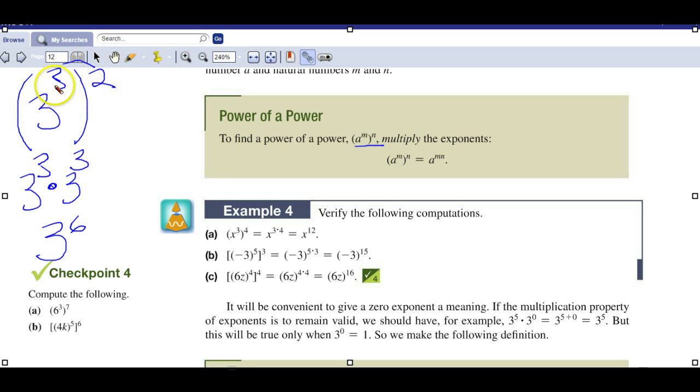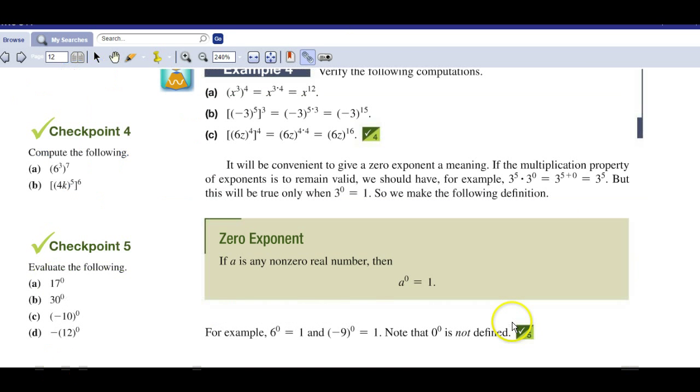This was 3 to the 3rd raised to the 3rd. I'd have to add another one here. This would be 3 to the 9th. So there's what you see here. It's x to the 3rd raised to the 4th. So it's this 4 times, and you get a 12. So again, another rule for your notes.